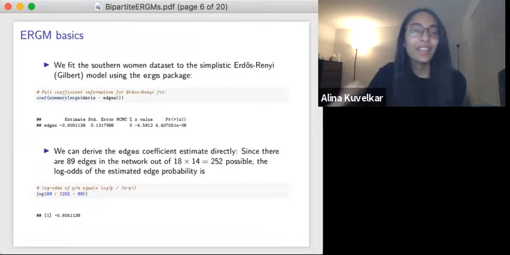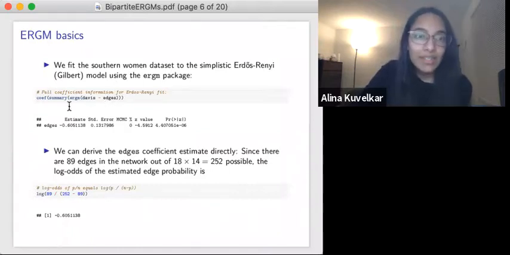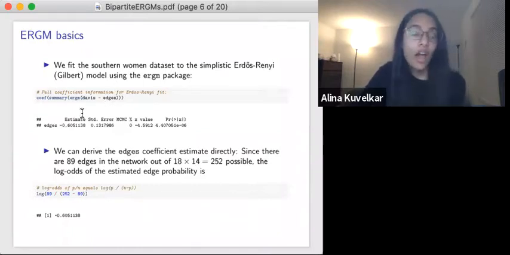Now looking at some of those tools for bipartite networks. Here we fit the Southern Women data set to the Erdos-Renyi-Gilbert model. In the Erdos-Renyi-Gilbert model, each possible edge appears independently and with equal probability. We fit the model in ergm using the edges term here, and the estimate gives us the log odds of a tie forming.